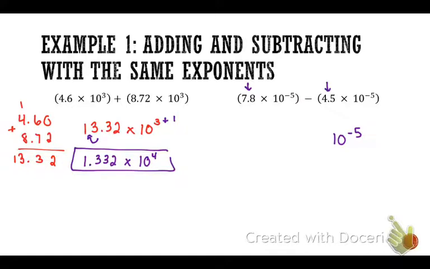But what if these numbers were switched? What if 4.5 came first? That number can't go on top. You can't have a negative decimal value. So just make sure you put the larger absolute value on top, and you're now going to subtract the decimal values. What is 7.8 minus 4.5?